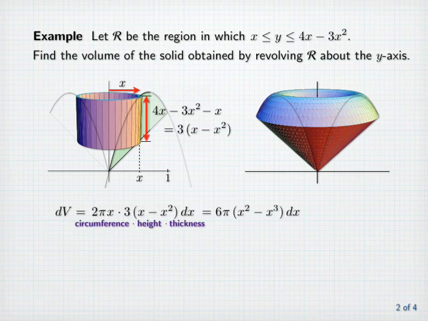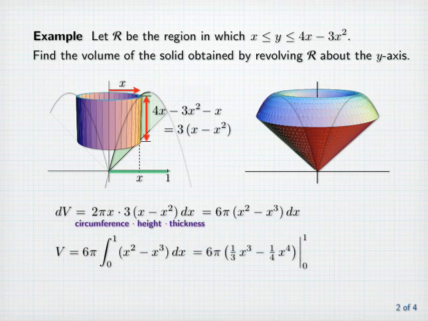So the volume of the solid will be the integral from 0 to 1 of 6 pi times x squared minus x cubed. Now we anti-differentiate and evaluate between 0 and 1, obtaining 6 pi times 1/3 minus 1/4 minus 0, which equals 6 pi times 1/12, or pi over 2.